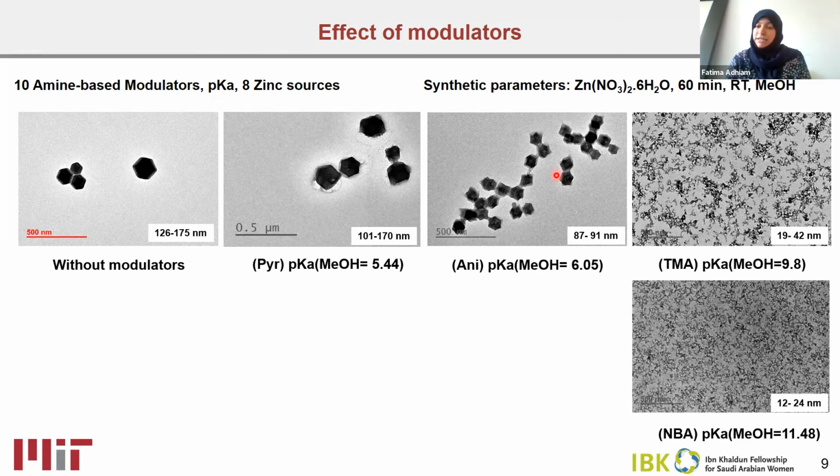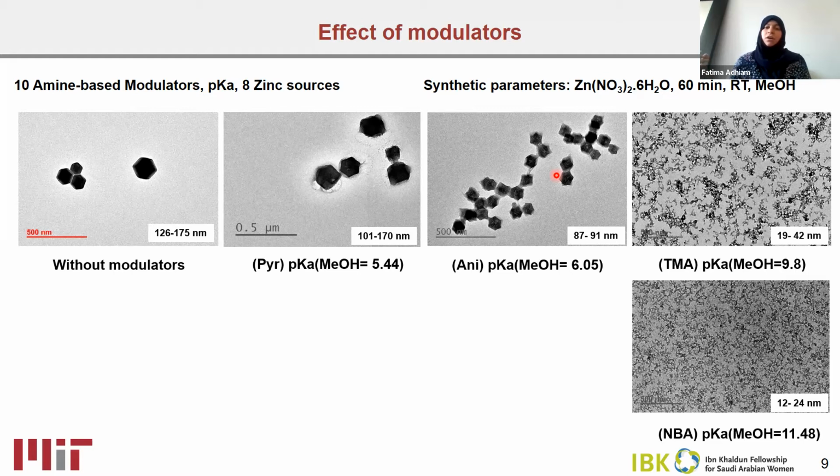Further, a smaller particle size can be obtained with butylamine, which has a higher pKa, and in this case we can see that the particle size is much smaller. This behavior can be attributed to the fact that the addition of the modulator enhances the nucleation of the ligand and hence rapidly nucleates the ZIF-8 material.